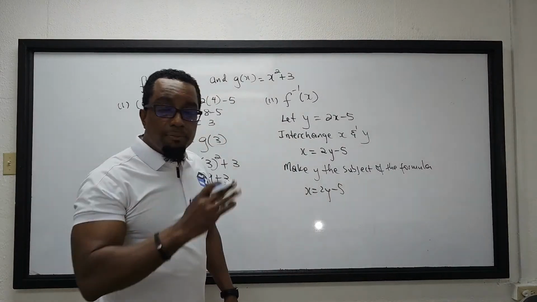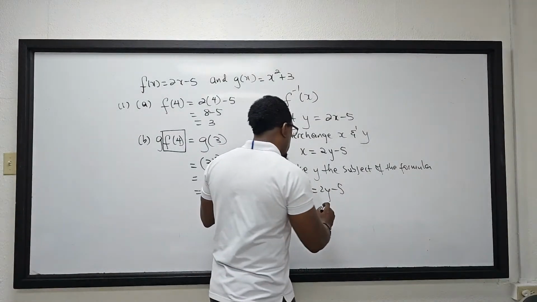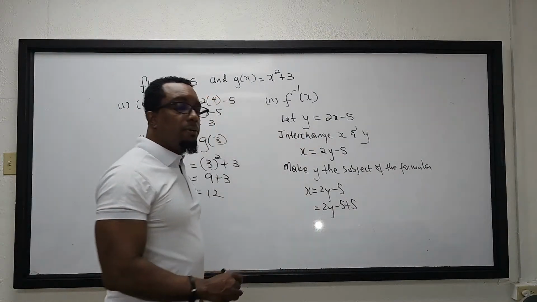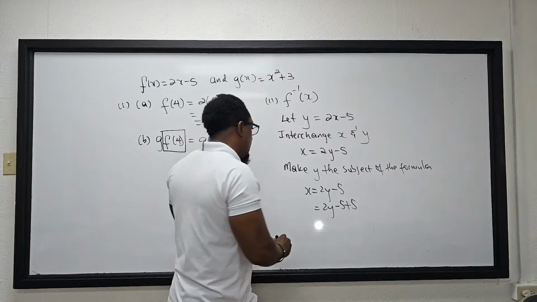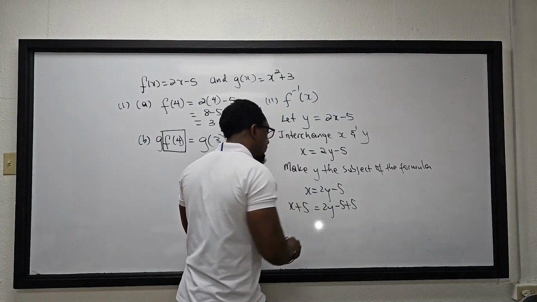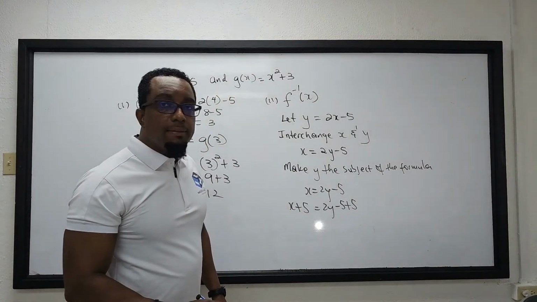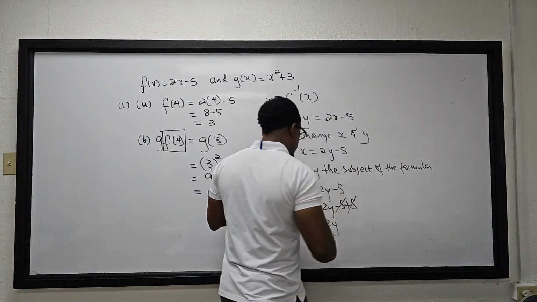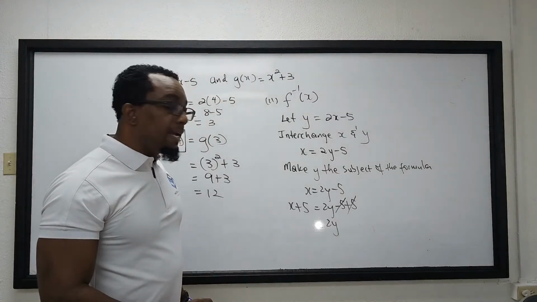I'm going to add 5 to both sides. This is 2y. What I do to one side, I do to the other. I add 5 to x. So my negative 5 and positive 5 will cancel out. That's 0. So I'm going to get 2y is equal to x plus 5.